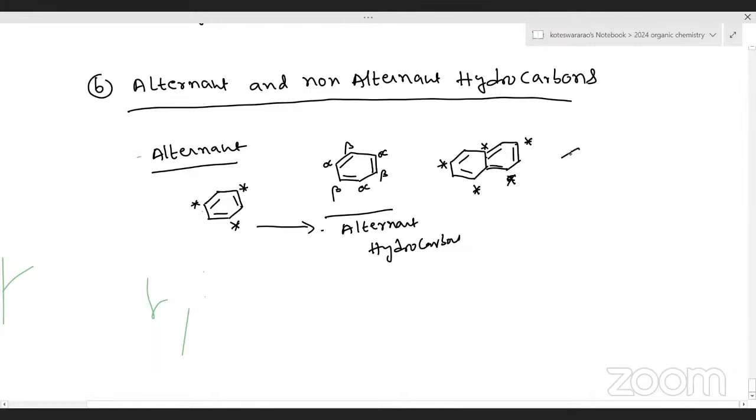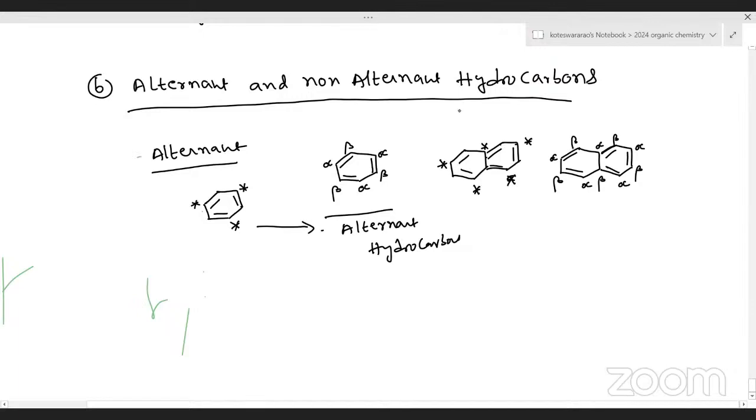Similarly, I label the same molecule with the alpha and beta spin symbols. Take this pi bond: alpha, beta, alpha, beta, alpha, beta, alpha, beta, alpha, beta.